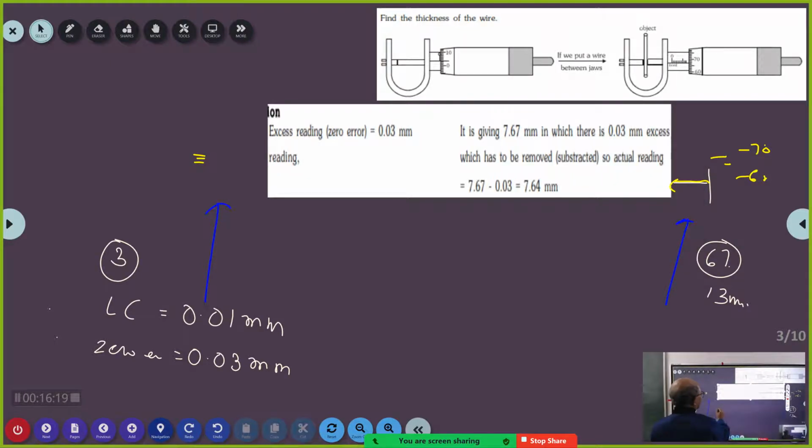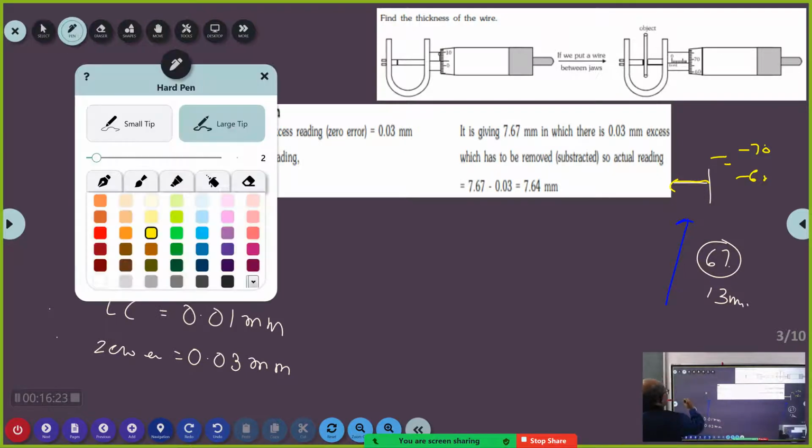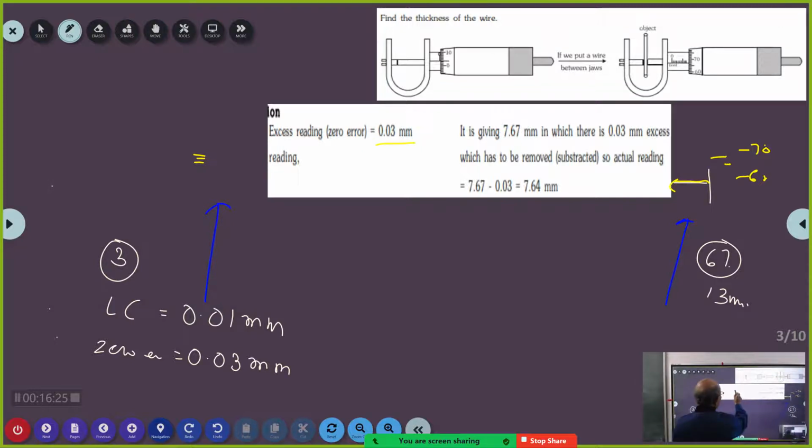Right. So the zero error is very clear, 0.03, right? Okay, then it is giving 7.67 mm in which there is 0.03 mm excess, which has to be removed. So 7.67 minus 0.03, you get 7.64, right?